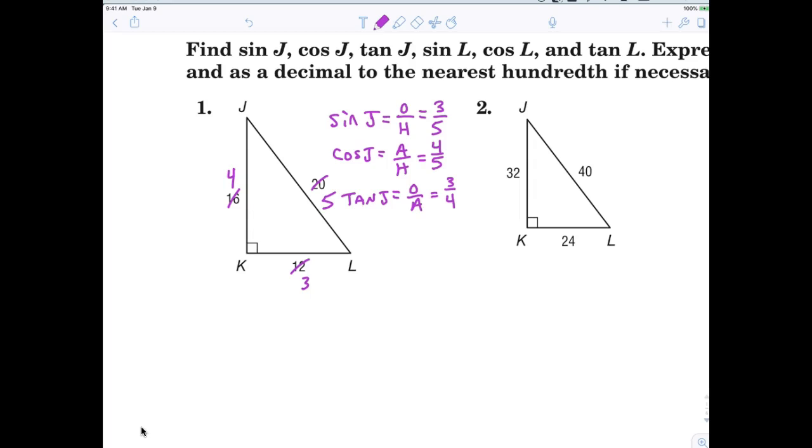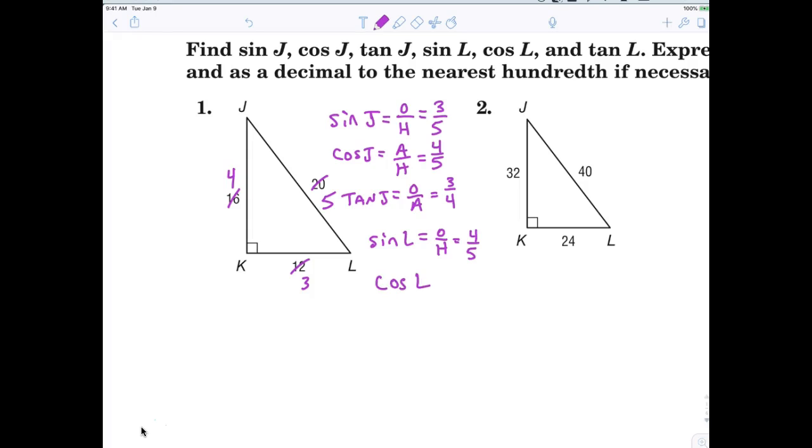And then I'm going to show you something in a minute, how fascinating this is and how great this actually is. So now I want to go to sine of L. What's the sine of L? O over H, which is 4 over 5.